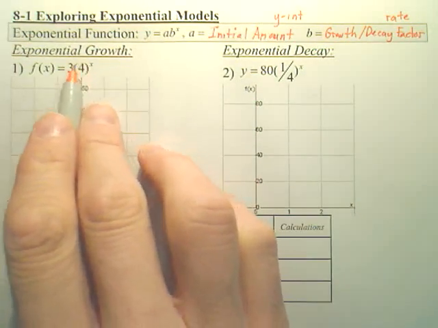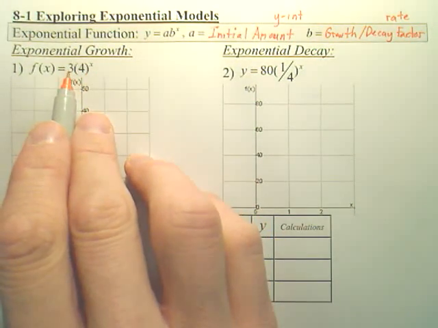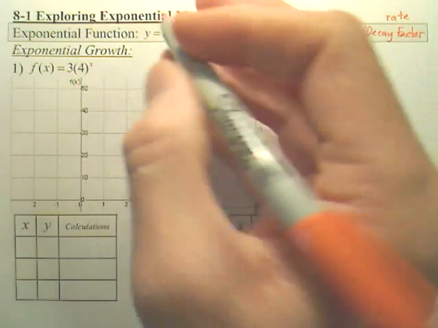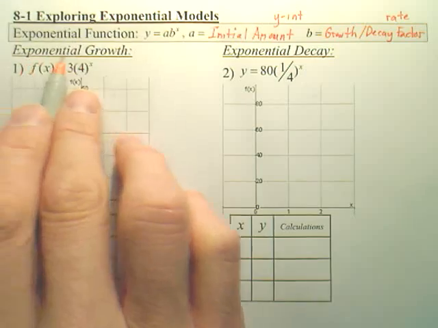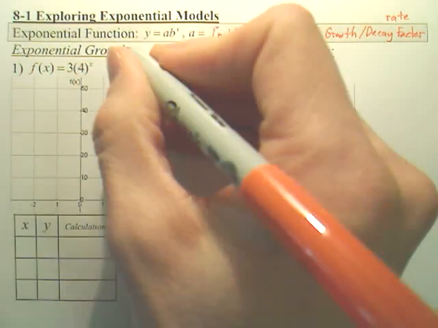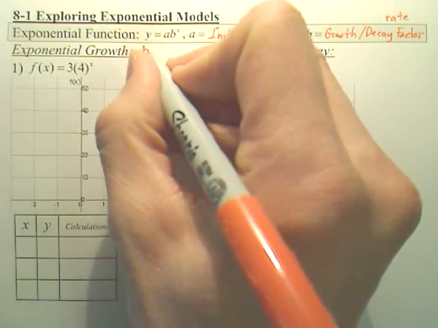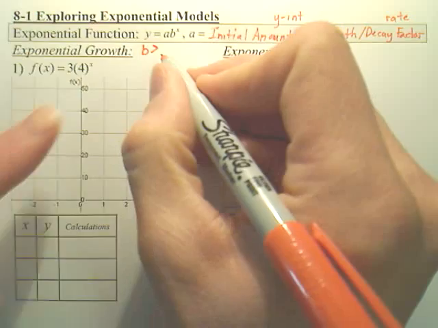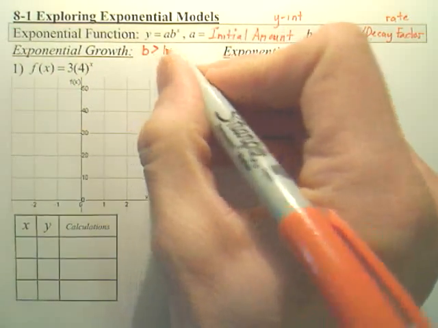So, for this particular problem, our a is 3, our b is 4. The reason this is an exponential growth is my b value is 4. Exponential growth is when your b value is greater than 1.